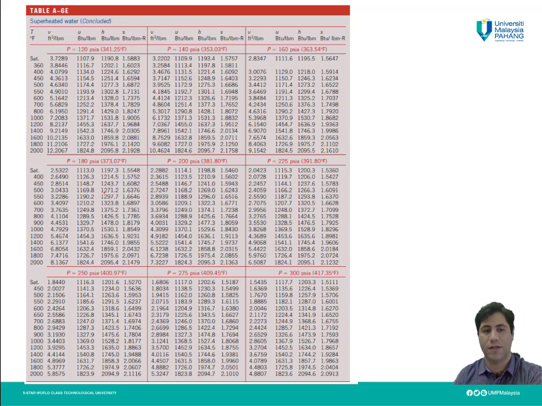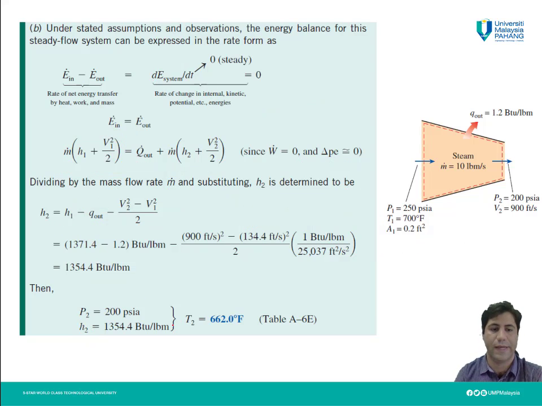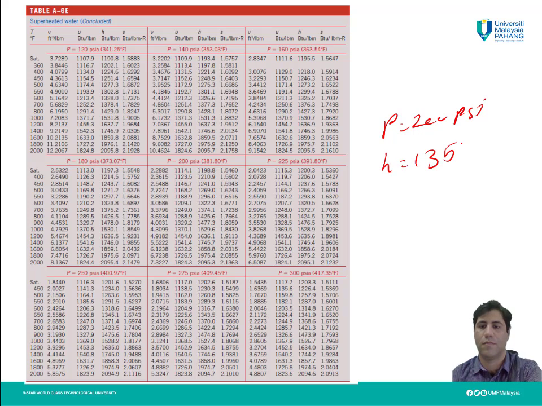For superheated water, we have its pressure and also its enthalpy. The pressure is given, enthalpy we have calculated. So to find the temperature for this pressure and this enthalpy, we need to go to the table. The pressure is 200 psi, and the h is 0.4.